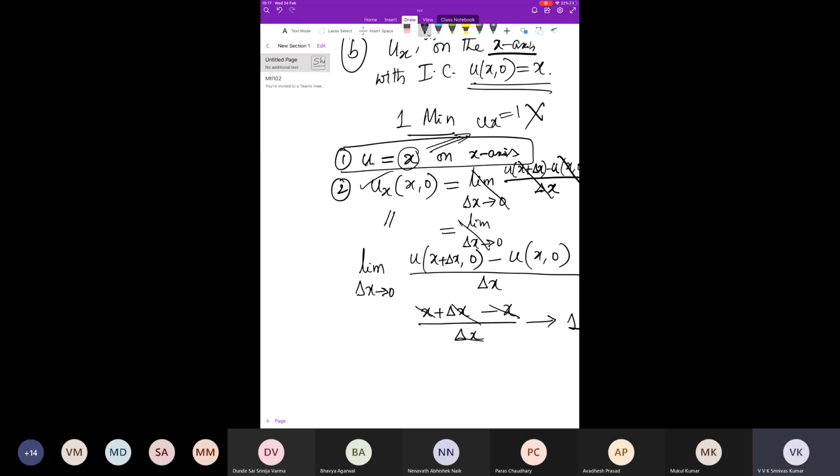How to find uy at x comma 0? Now go to the equation.